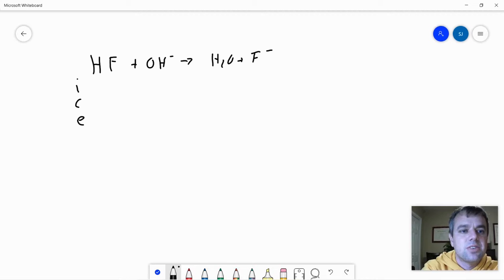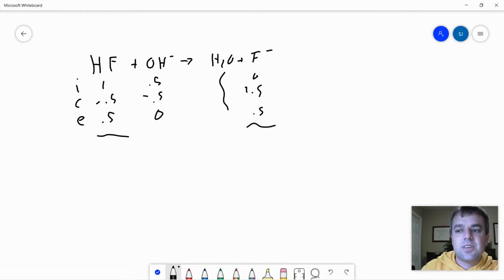If you had, for instance, 1 molar HF and 0.5 of OH, water doesn't matter. This reaction goes to completion. The acid-base reactions essentially go to completion if they can. So this will go down by 0.5, down by 0.5, and up by 0.5. So you would have weak acid and its conjugate base present. So that's how you make a buffer that way.